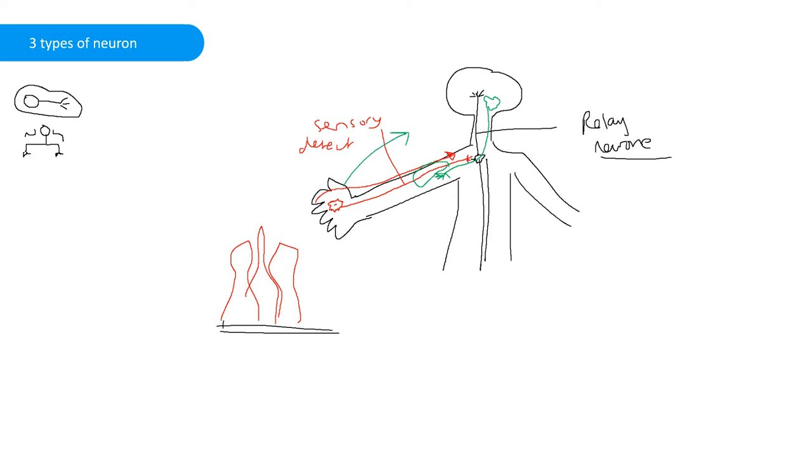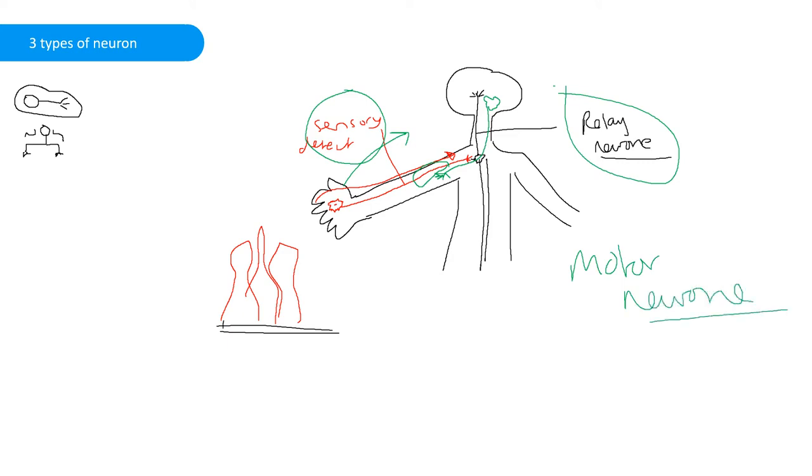So what I'm trying to say there is that there's three types of neurons. There's a sensory neuron, there's a relay neuron, and there's a motor neuron. The sensory neuron goes towards the brain. The relay neuron, like passing the baton in a relay race, passes the message to and from sensory to motor neurons.